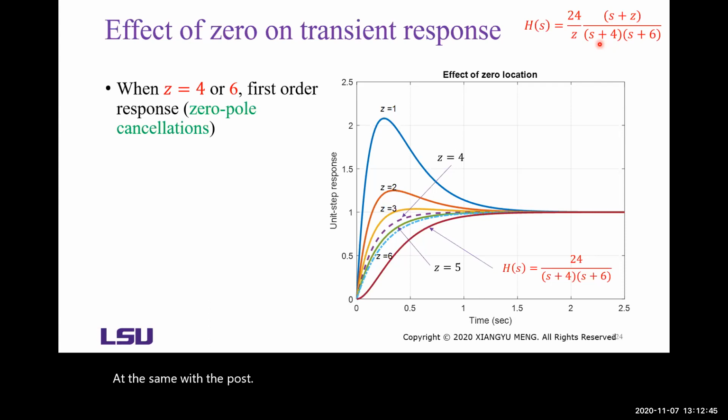In this case, when z is 4, the zero and the pole can be canceled.